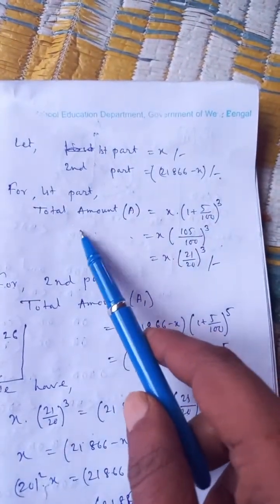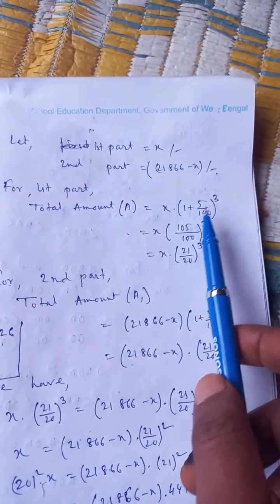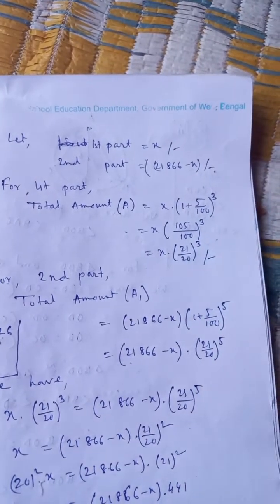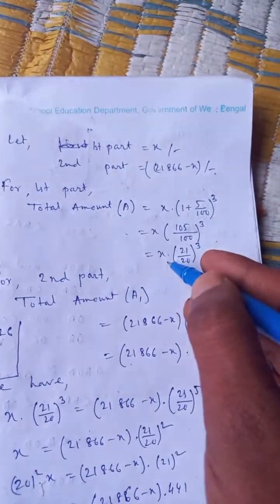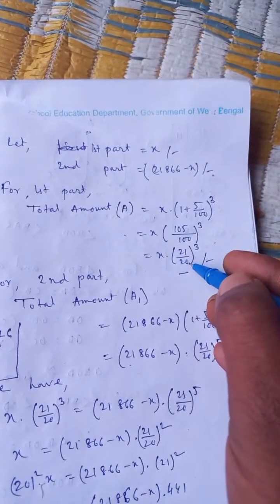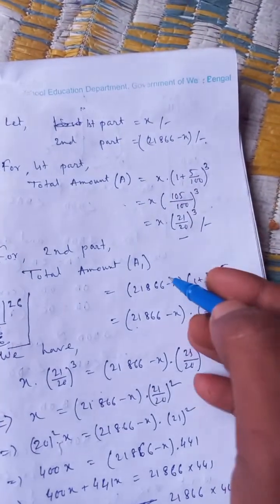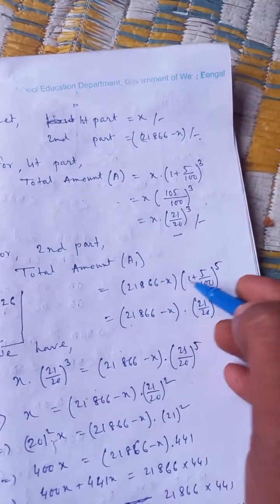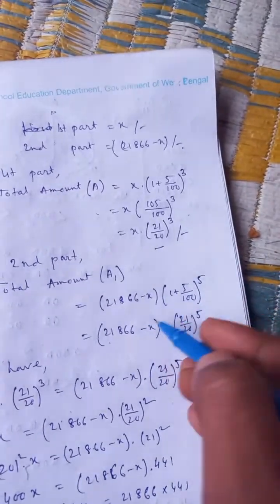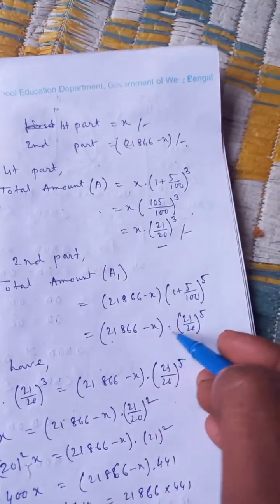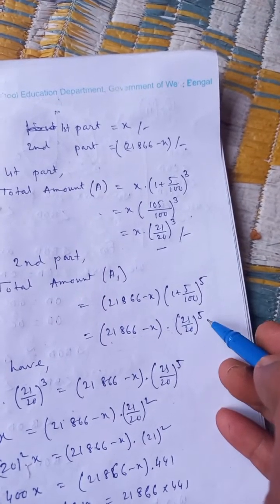So for the first part the total amount is x multiplied by 1 plus 5 by 100, to the power 3. After solving, we get x multiplied by 21 by 20 to the power 3 rupees. And for the second part, invested for 5 years, it becomes 21,866 minus x multiplied by 21 by 20 to the power 5.